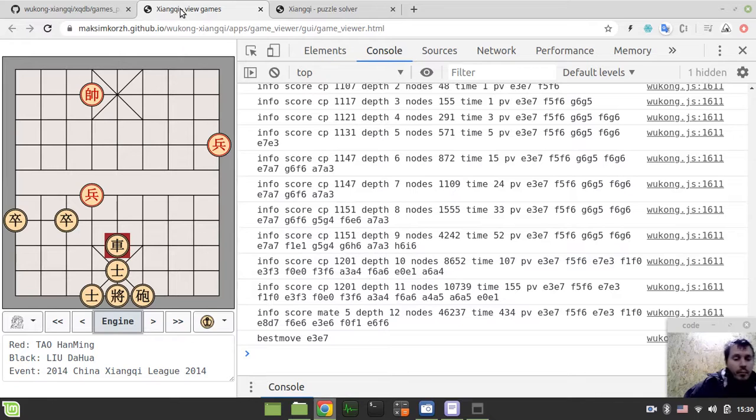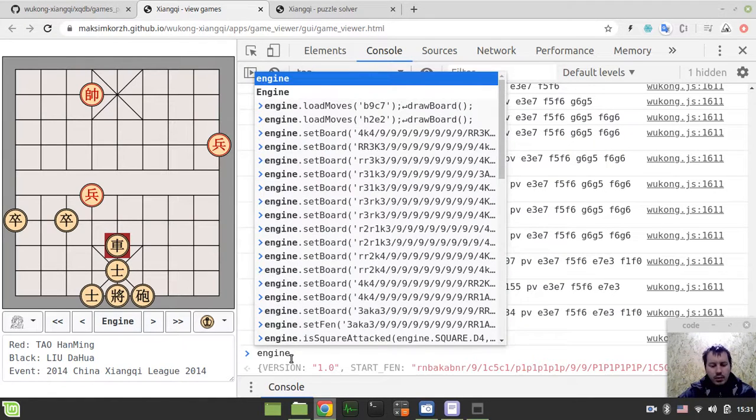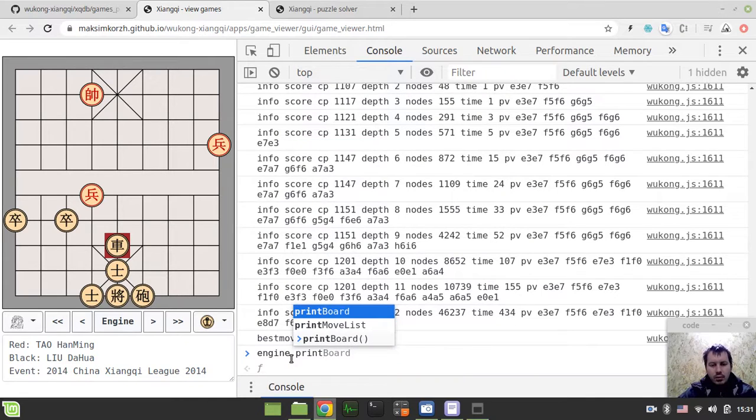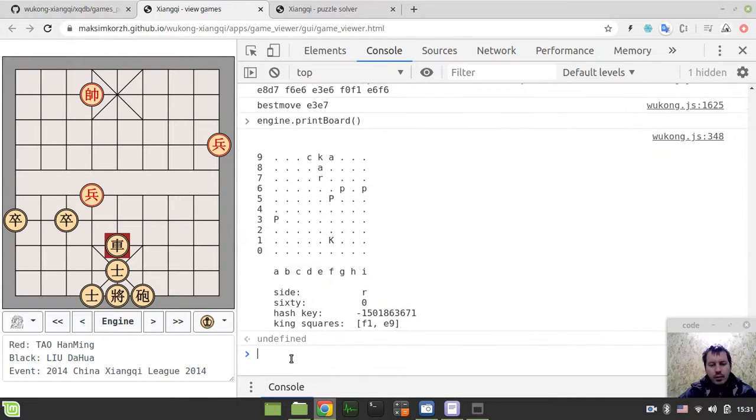Well, okay, so let's try to find mate in 5. So who is to move? Well, I guess, okay, hold on a sec, just engine print board. I just want to see who is to move here. So red to move.